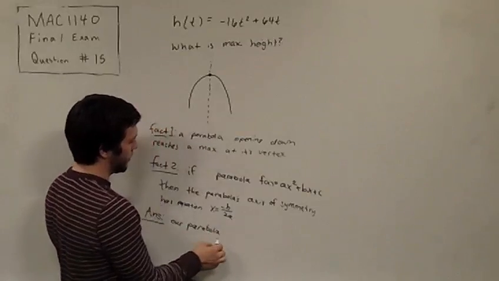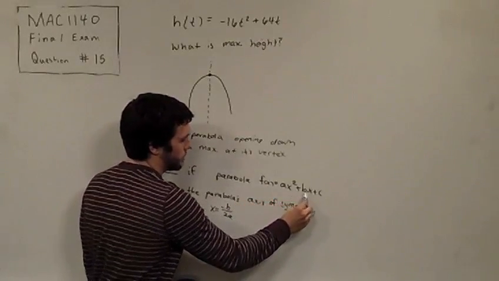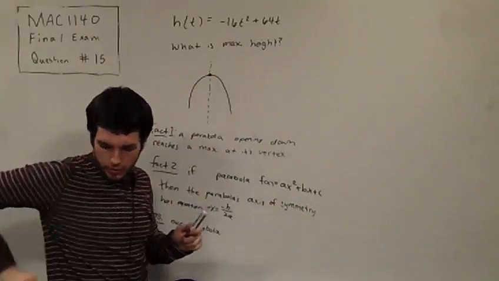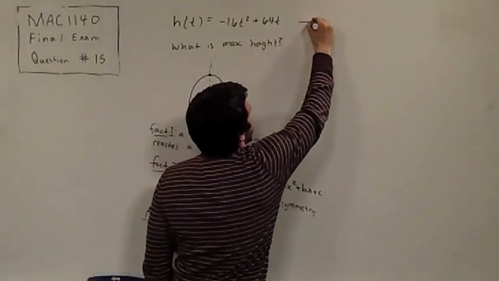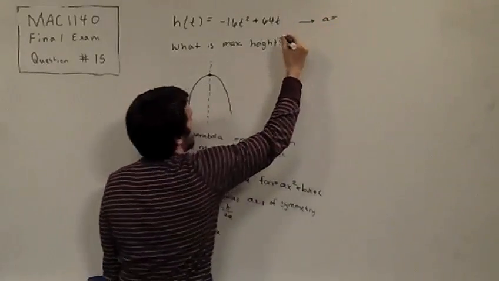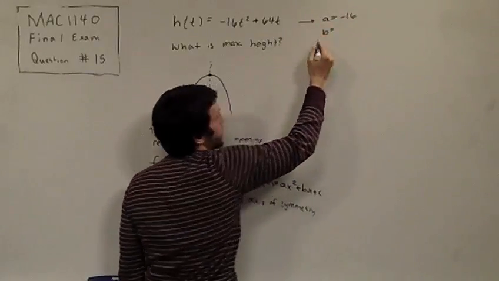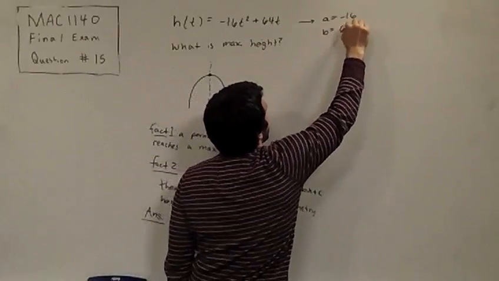Let's think about our parabola in this form: ax squared plus bx plus c. A is the number in front of x squared, so a is equal to negative 16. B is the number in front of t, so b is going to be 64.